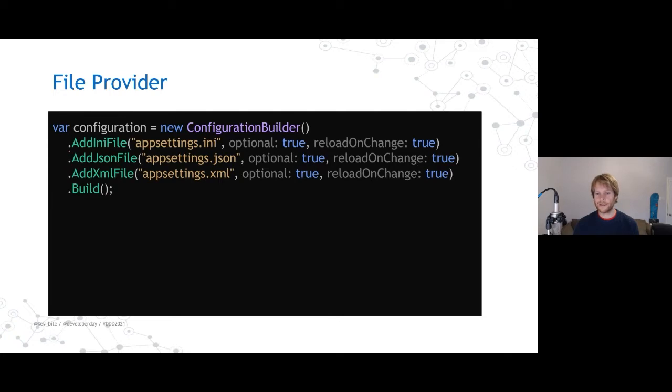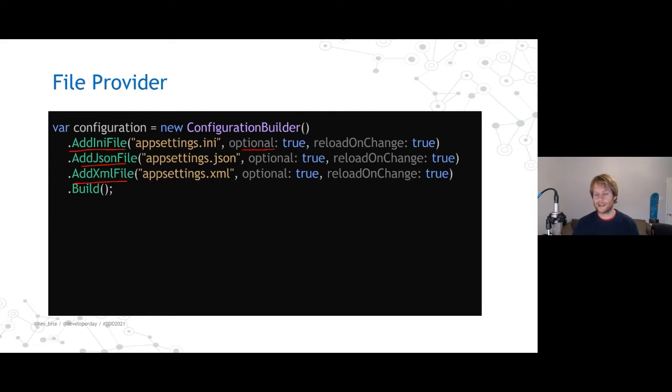We've got this fluent builder pattern. So we call add INI file, add JSON file, and add XML file as methods on the configuration builder. These are actually extension methods on top of here. And we pass in the actual file that we want to load from. So we've got appsettings.ini, appsettings.json, and XML. We've got a parameter which says it's optional.